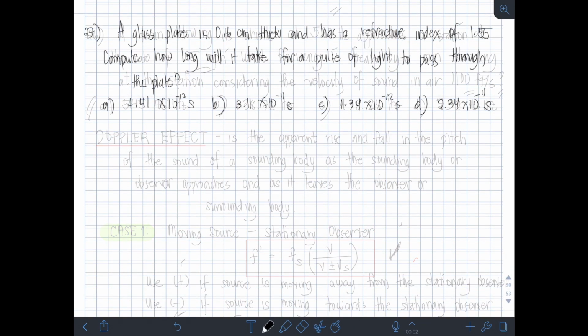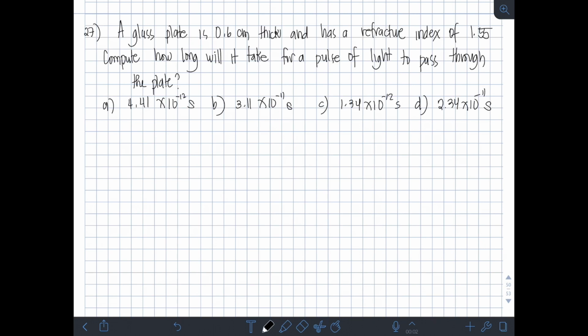Okay. Next, we have a glass plate is 0.6 cm thick and has a refractive index of 1.55. Compute how long will it take for a pulse of light to pass through the plate. Okay, so meron daw tayong, let's say, glass. Tapos, meron siyang thickness daw na, let's say, 0.6 cm.